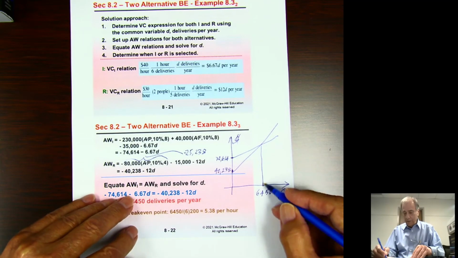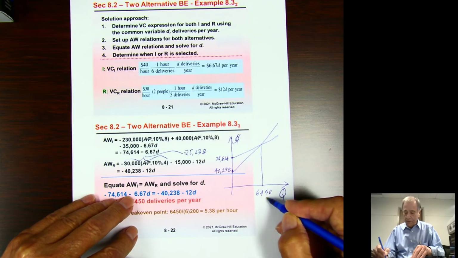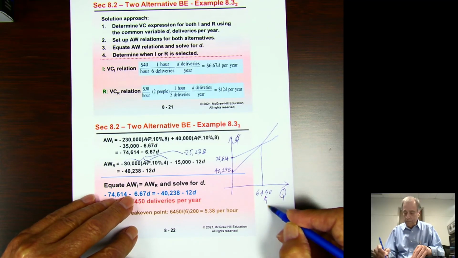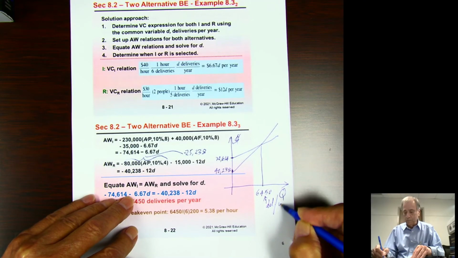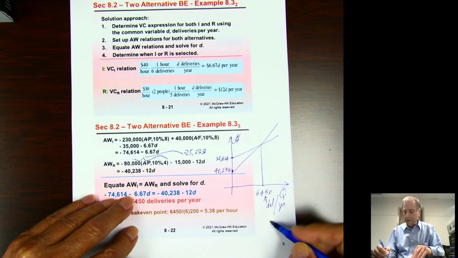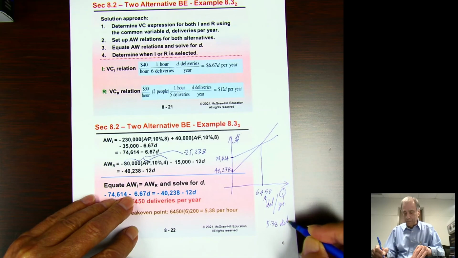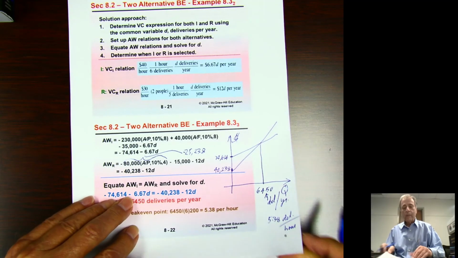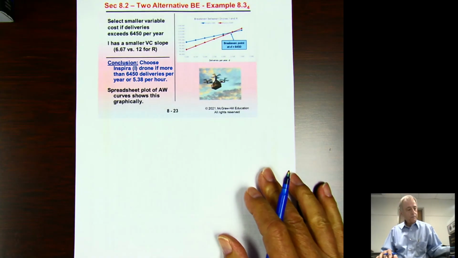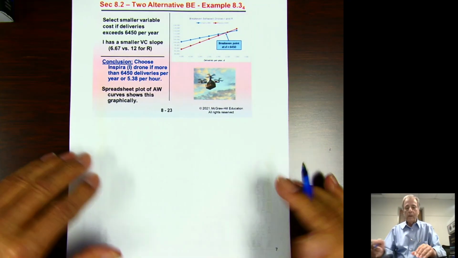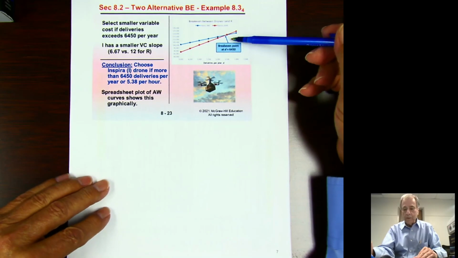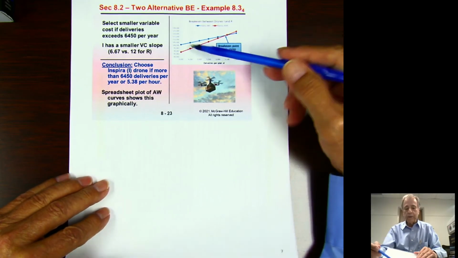This is deliveries per year. If you break that down to deliveries per hour, it's 5.38 deliveries per hour. And so the author draws that up for you here.